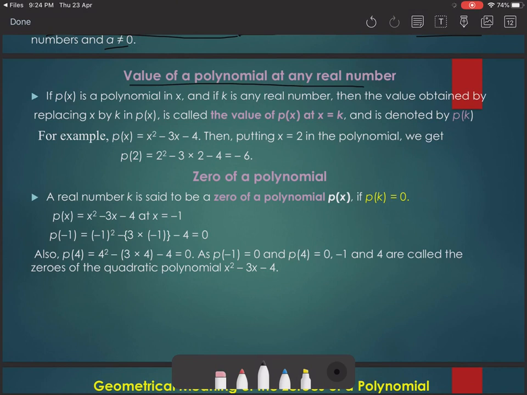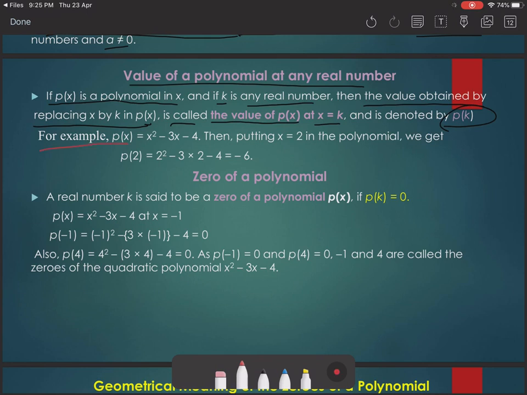Now, the value of a polynomial at any real number. This you have already studied in your previous class, that means in class 9th. If p(x) is a polynomial in x and if k is any real number, then the value obtained by replacing x by k in p(x) is called the value of p(x) at x equal to k, and it is denoted by p(k). Okay.